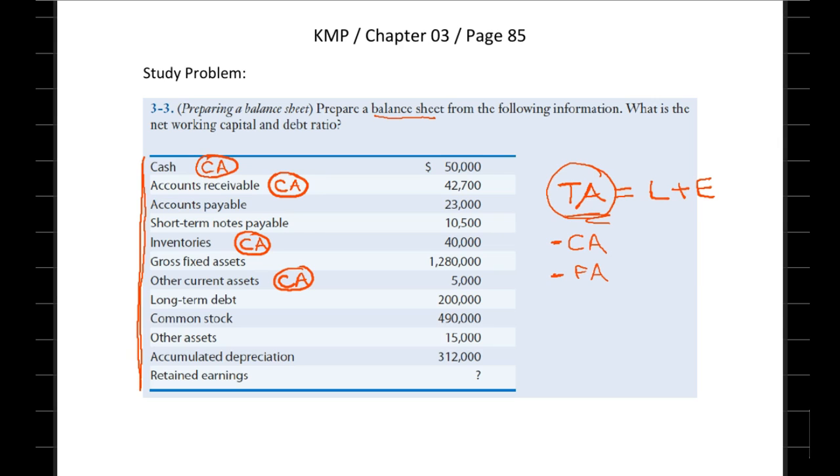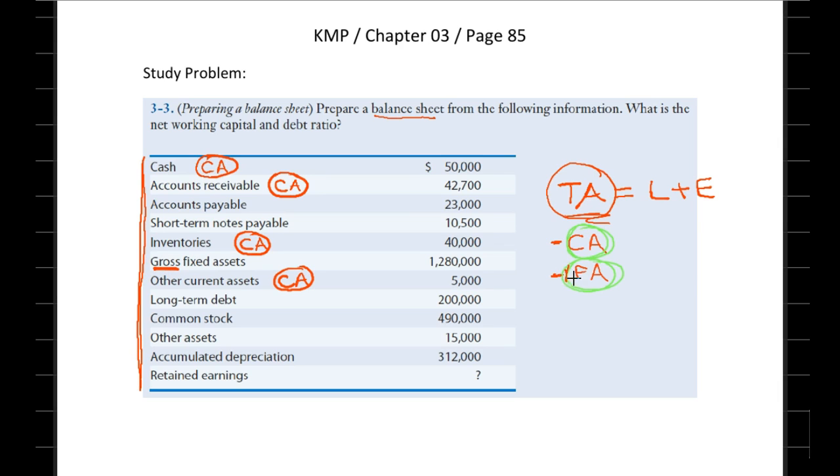Now let's go back to our given numbers. So we are basically done with the first of these calculations, current assets, but we still need to handle fixed assets. And when we go back to the givens in the problem, we realize that fixed assets are provided, but only in the gross fixed assets format, so not the net fixed assets that I need.